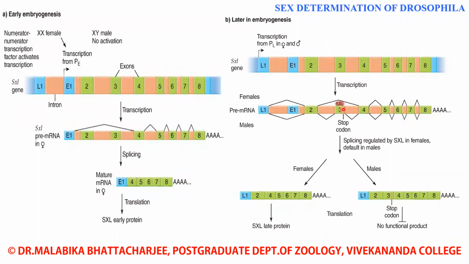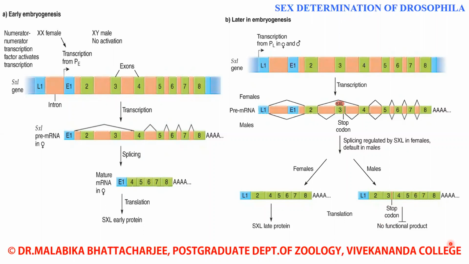And as you can see, exon 3 contains the in-frame stop codon. So if the ribosome sits on its prescribed start site and then starts translating this mRNA, since there is a stop codon, there will be untimely dropping off of the ribosome. It will not reach the end. So in the presence of the stop codon, there is no functional product.